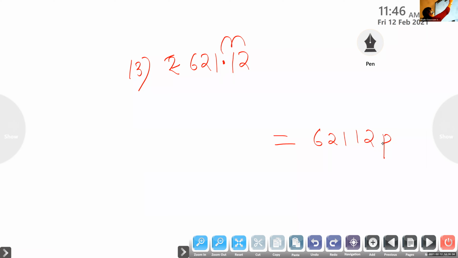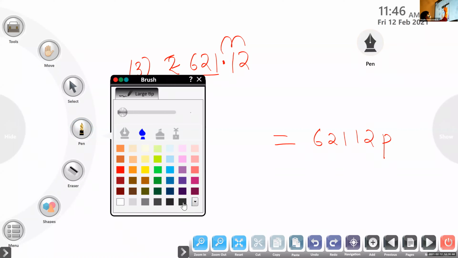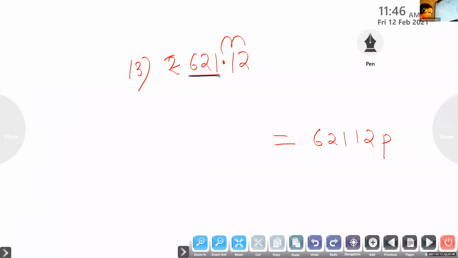So children, we have to write the steps. How many rupees do we have? Listen carefully. I will show you one question, then the B part you have to do alone. So 621 rupees, plus how many paise here? 12 paise.